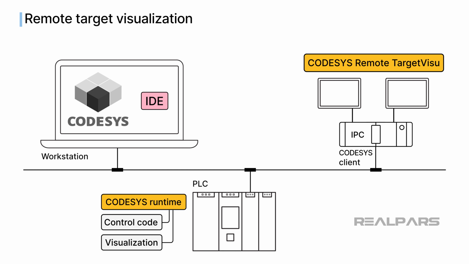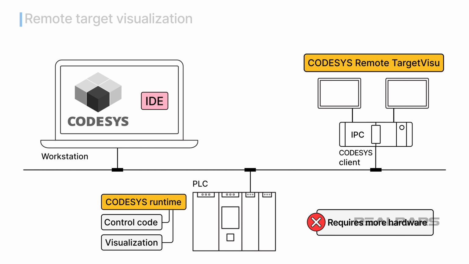The CODESYS clients receive the graphic commands from the runtime and render the graphics to hardwired displays that are connected to the clients. The advantage of a remote target visualization is that it supports multiple visualization displays, and the displays don't need to be hardwired directly to the device running the CODESYS runtime instance. The disadvantage of a remote target visualization is that it requires more hardware to implement.